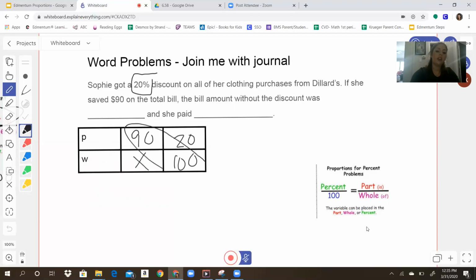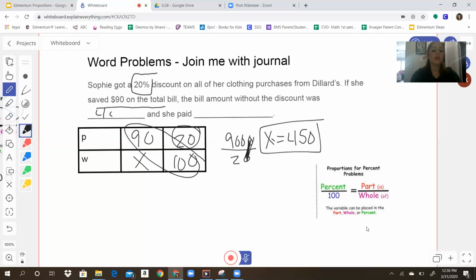So I can cross multiply 9,000 divided by 20. Can cancel a 0 out there. 900 divided by 2 is going to be x equals 450. So if she saved $90 on the total bill, then the bill amount without the discount was $450.